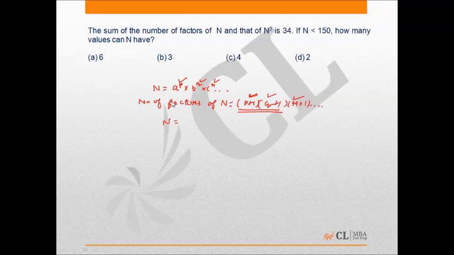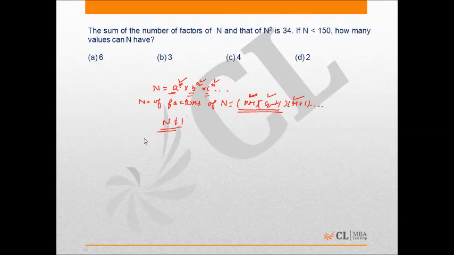Now the next thing that we need to observe is whether the number of factors of n square will always be more than the number of factors of n or not. Yes, it will, given that n is not equal to 1. Now the next thing that we need to observe is the number of different prime factors that n can have.